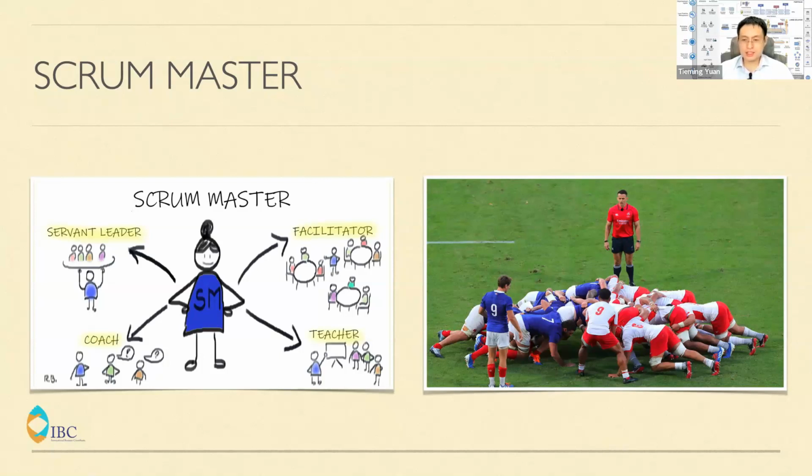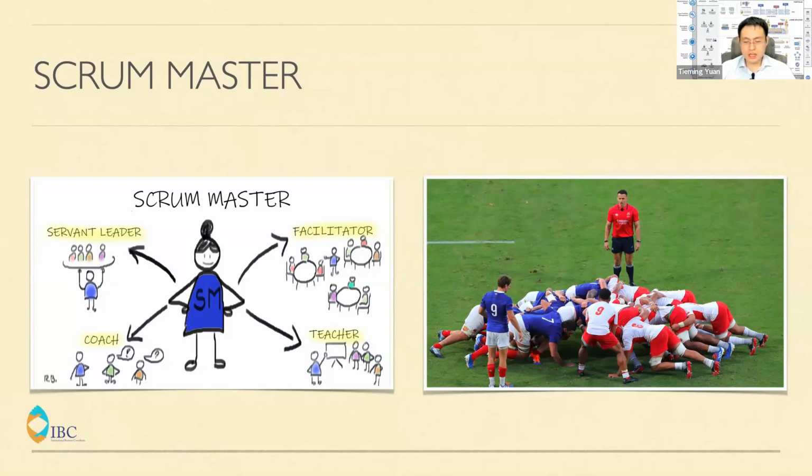So moving to the picture on the right side. This is the Scrum happening, removing all the colors. I see the guy, the referee, as the Scrum Master. He or she sets the stage, the framework, the rules, and ensures that everyone plays by the rule of psychological safety, the rule of Agile, the values of Agile.